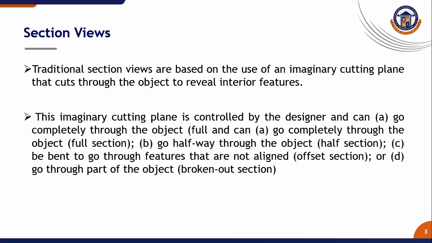First one is A, go completely through the object, that is full section. B, go half the way through the object, that is half section. Number 3, go through features that are not aligned, that is called offset section. And next, go through part of the object, that is called broken out section.